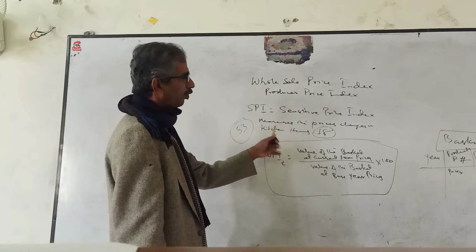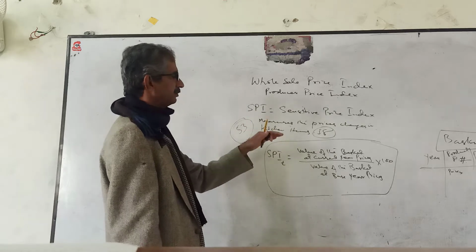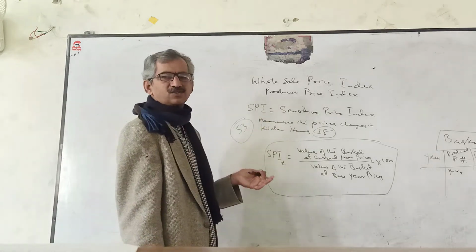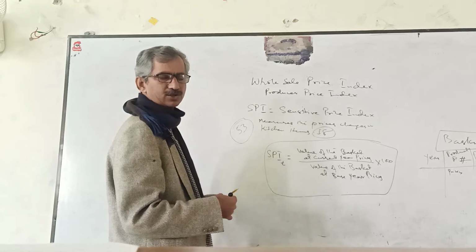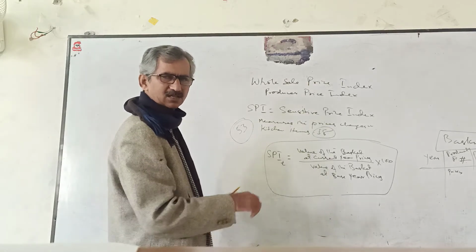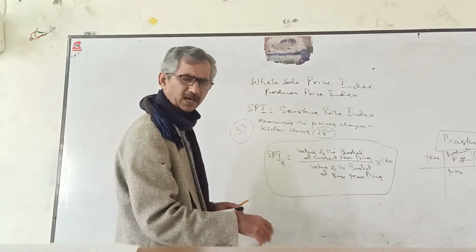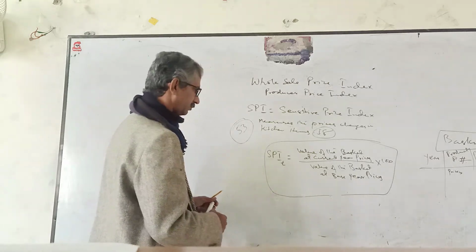This is a very important measurement, because if the prices of sensitive items change, it creates problems for the government, because these are very important items, the food items or the kitchen items.